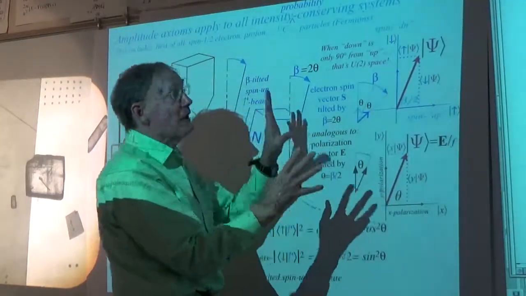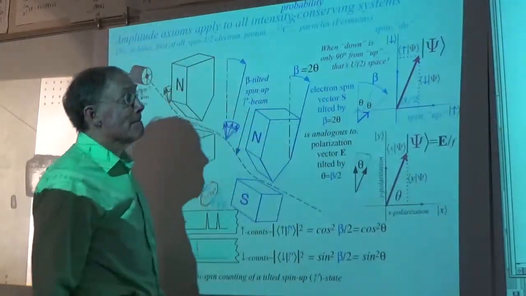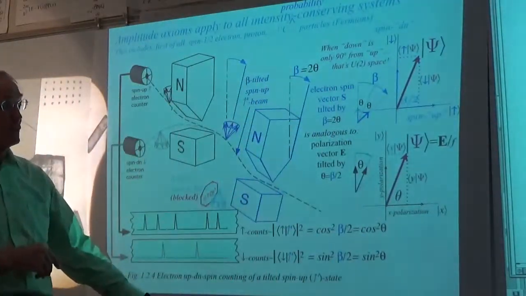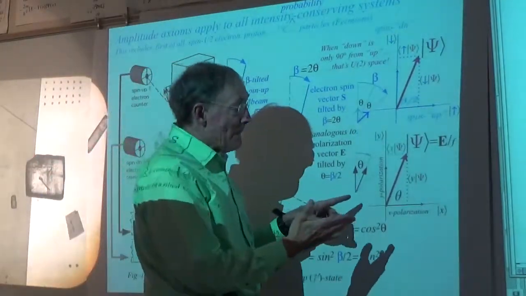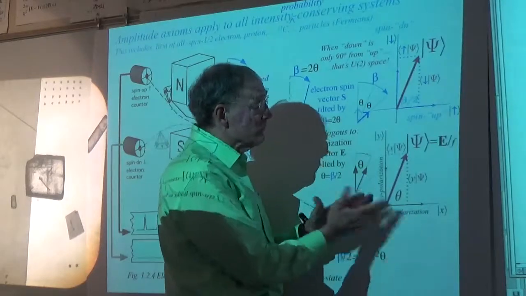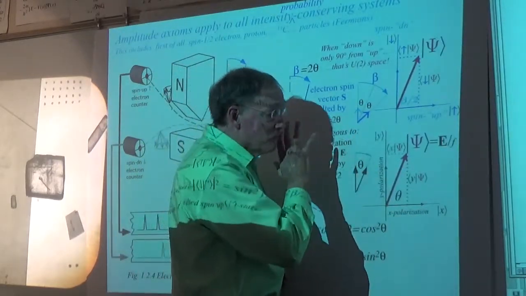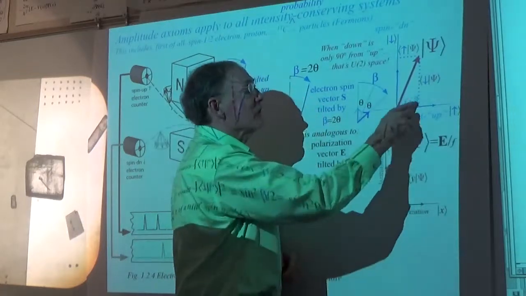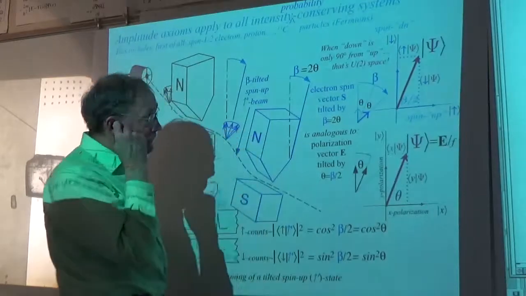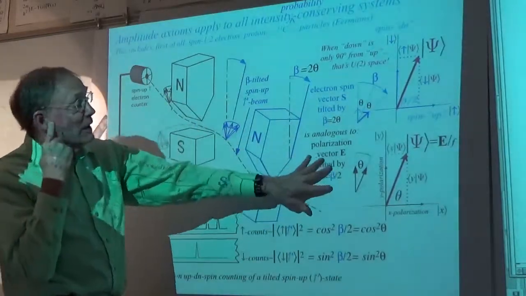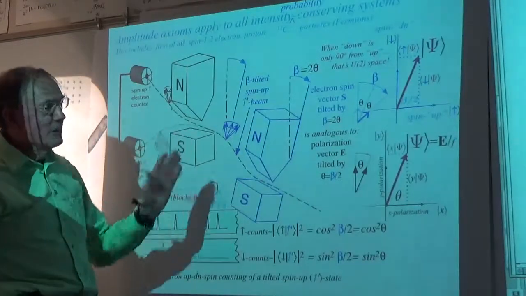So the mathematics of these two is isomorphic. I mean, it's one-to-one and onto, as we used to say about mappings. And so when we talk about X and Y polarization, we will be using virtually the same bookkeeping, except for this darn factor of 2 between these angles of electromagnetic polarization and the electron spin orientation.